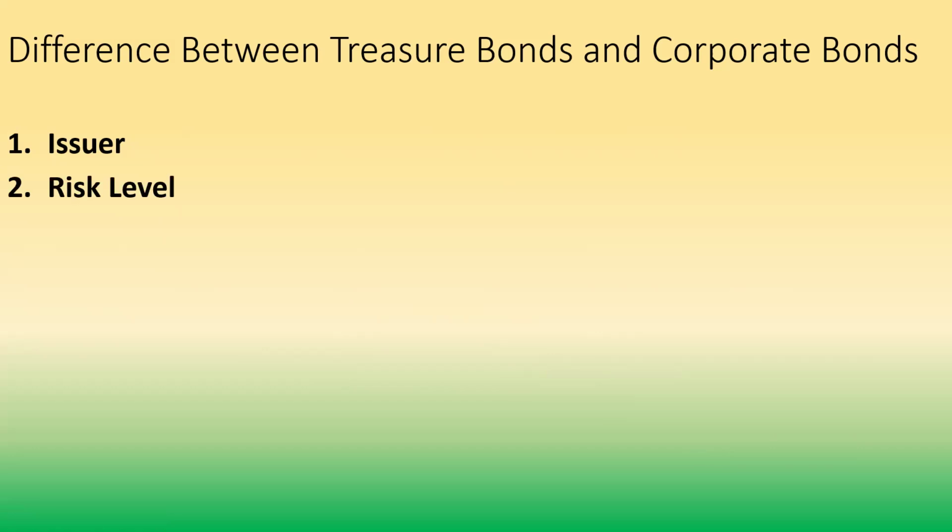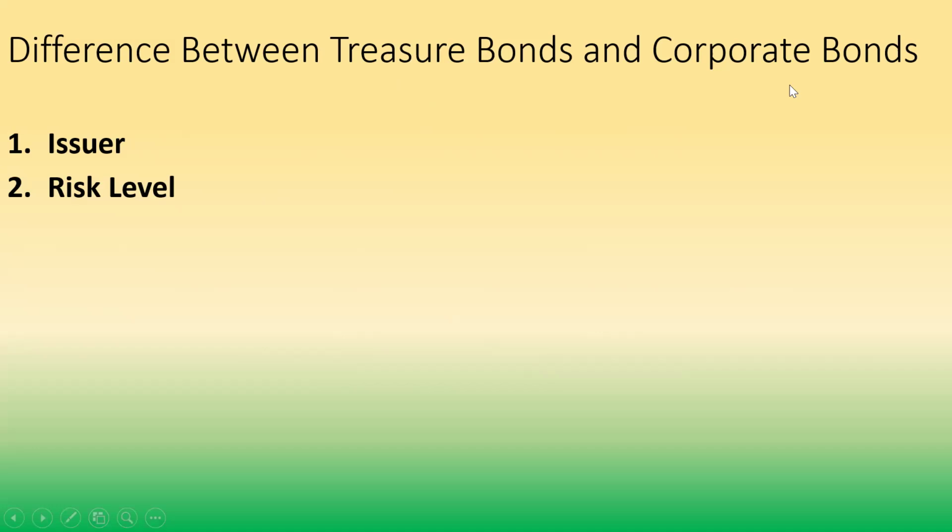The next difference is the risk level. Treasury bonds are usually less risky, or you can say it is the safest investment, because it is backed by the government. The risk of default is extremely low in the case of treasury bonds, whereas for corporate bonds, the risk varies depending on the financial health of a company.